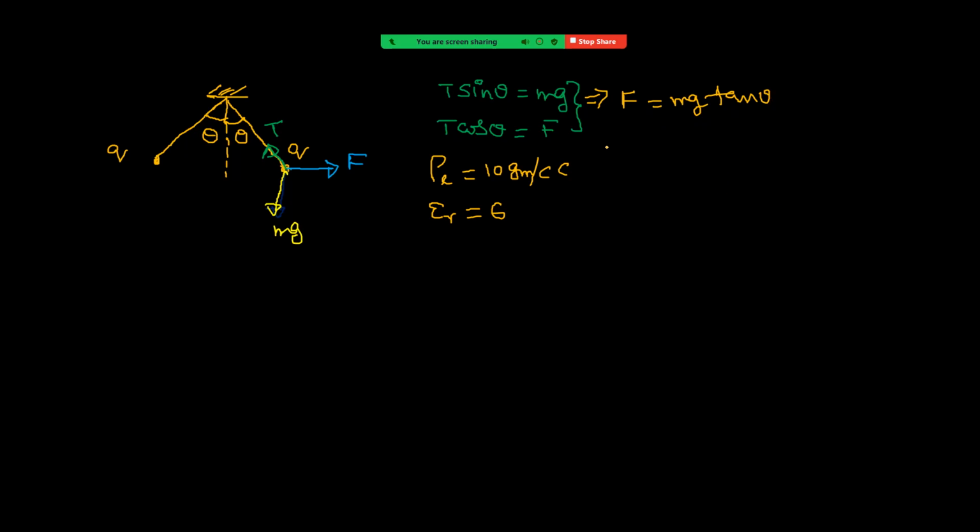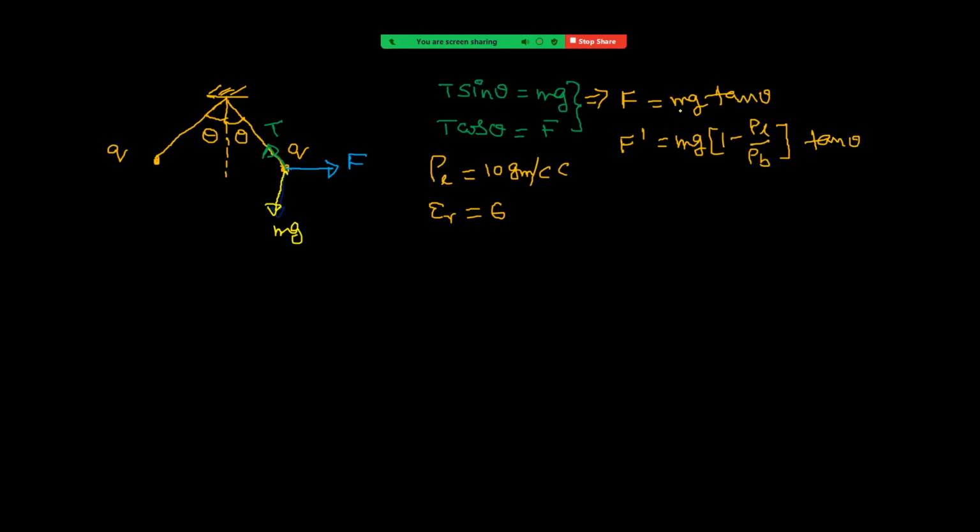Or let us take the force in liquid medium as F dash. F dash is equal to, in place of mg, mg into 1 minus rho L by rho B, right? Because we have to consider weight minus buoyancy force, into tan theta.